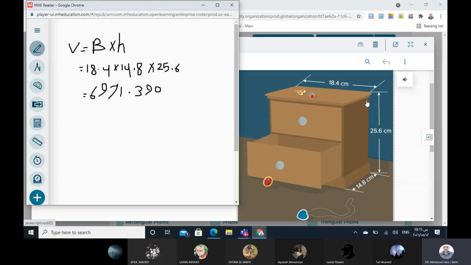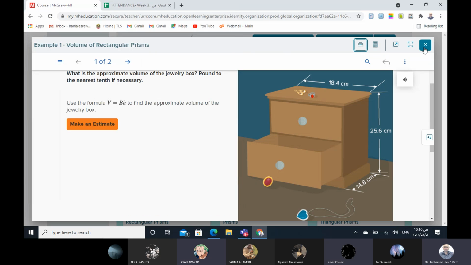Now we have here centimeter, and here centimeter, and here centimeter. Centimeter times centimeter will be centimeter squared, or centimeter exponent 2. Centimeter exponent 2 times centimeter will be centimeter exponent 3, or centimeter cubic. Who has any question here? No questions.